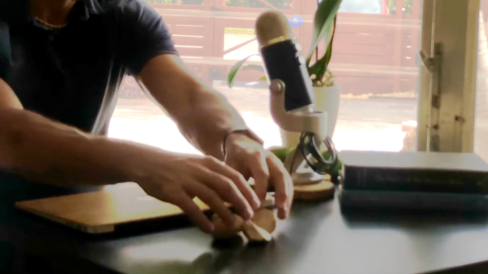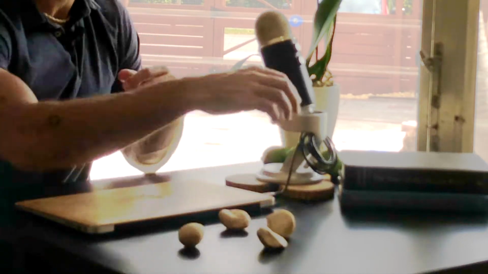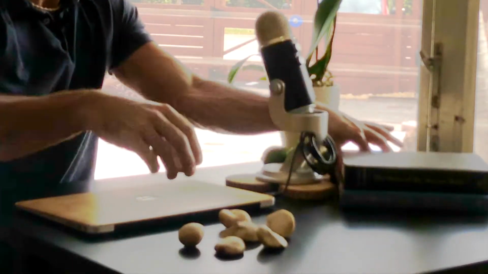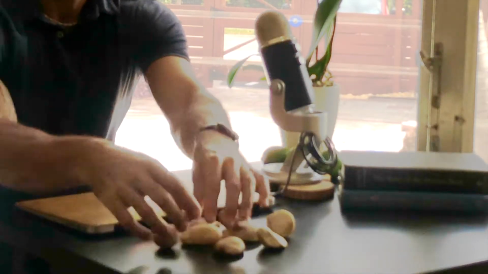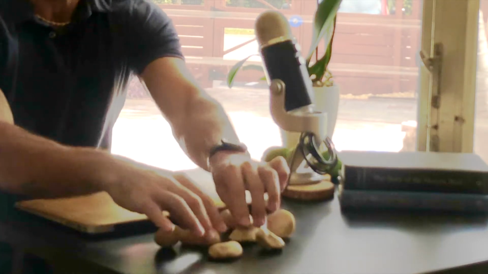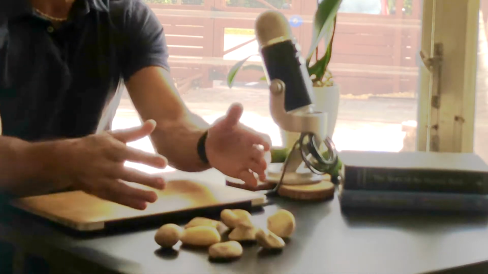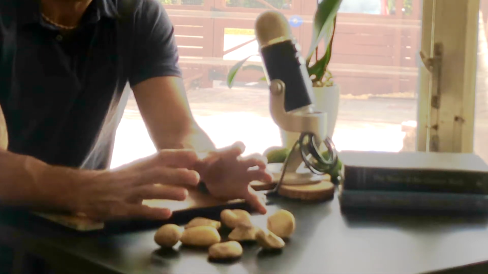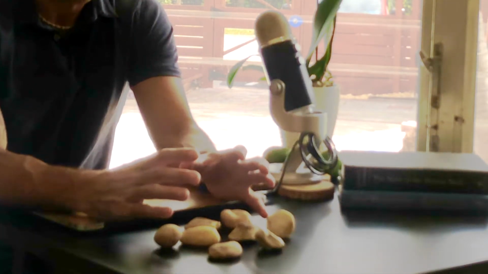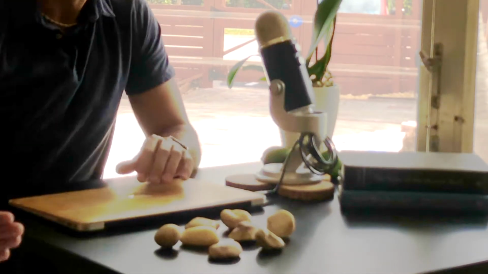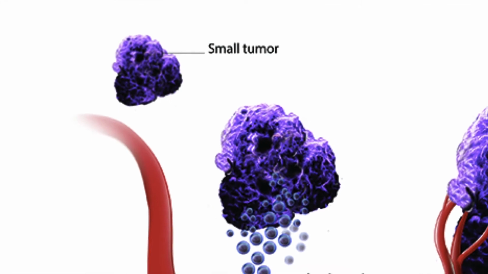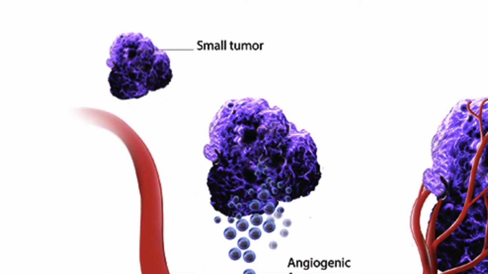But as this tumor grows in size and becomes more dense and populated with cells, then no longer is that simple diffusion going to work. This larger tumor needs a dedicated resource. So what ultimately is going to happen is it's going to encourage blood vessels to grow towards it and feed this collective. It achieves this by releasing angiogenic factors.